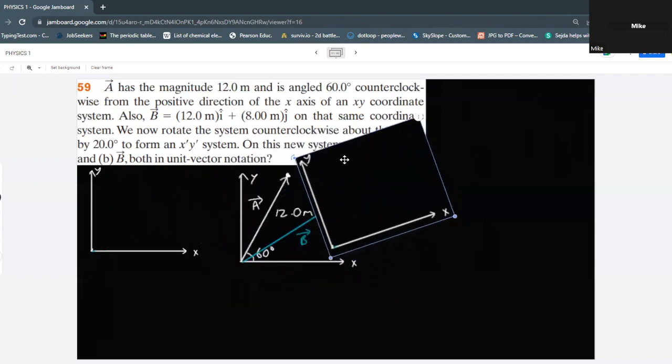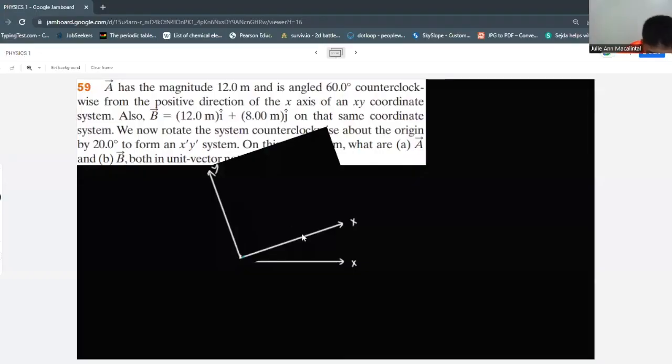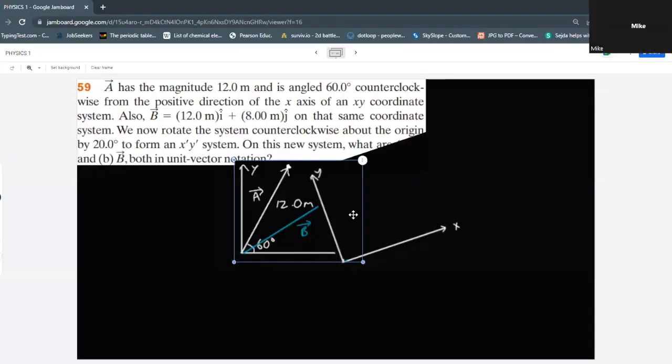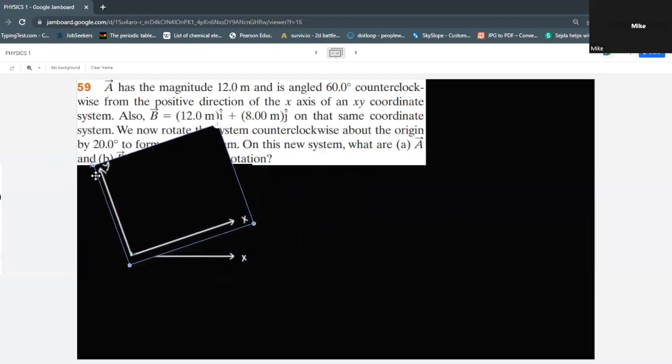Oh, this one. One, two, three. No. Red. Oh wait, this green.